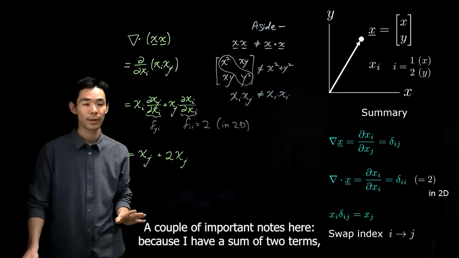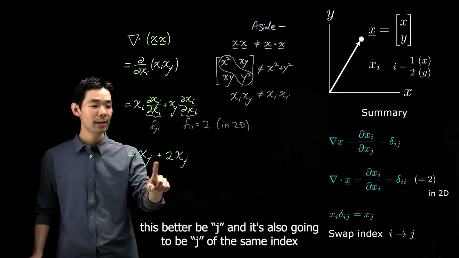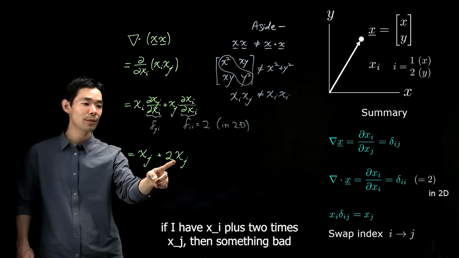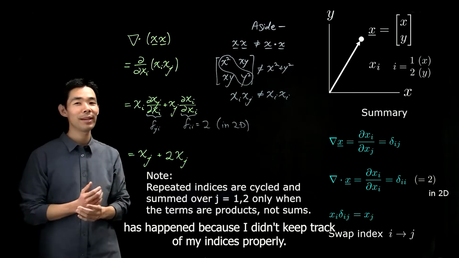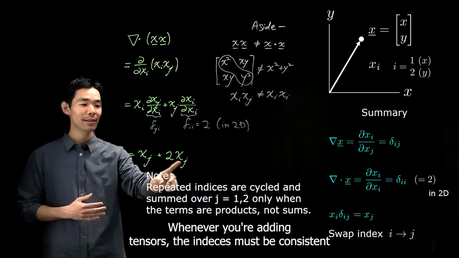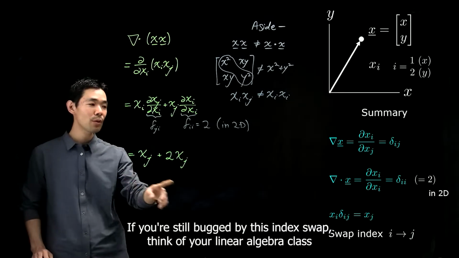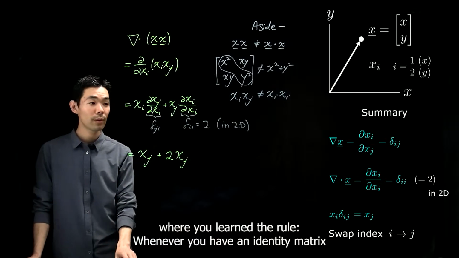So a couple of important notes here. Because I have a sum of two terms, this better be j, and this also better be j, the same index. If I have x_i plus 2 times x_j, something bad has happened because I didn't keep track of my indices properly. Whenever you're adding tensorial notations like this, they must be consistent with each other. So if you're still bugged by this index swap, think of your linear algebra class where you learned the rule.